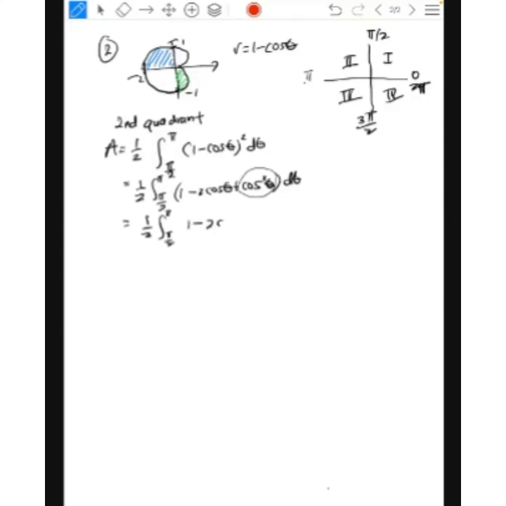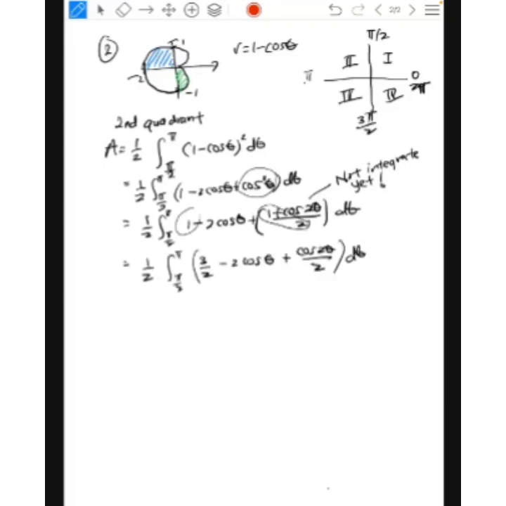So 1 minus 2 cos theta plus 1 plus cos 2 theta over 2. Okay, so remember this one is not integrated yet. We only use the identity to change the cos squared or sin squared. Usually students confuse this as already integrated, but it is not integrated yet. You have to integrate this one.